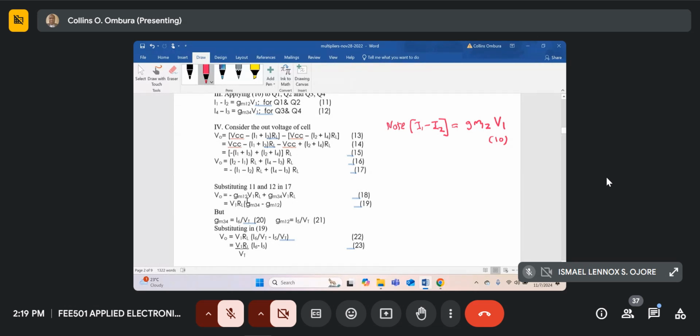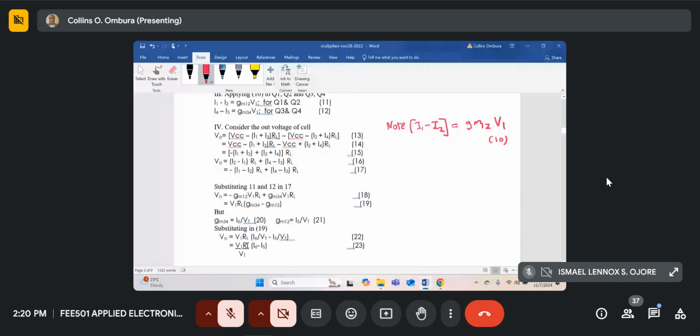The V1 RL into brackets, instead of GM34, I can write equation 20 over here: I6 by VT minus GM12, which is I5 by VT. So I can now take VT common in the inside bracket and remove it outside. So I'll get V0 is V1 RL over VT into I6 minus I5.